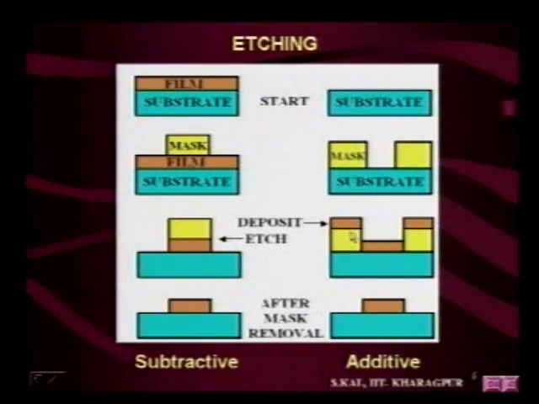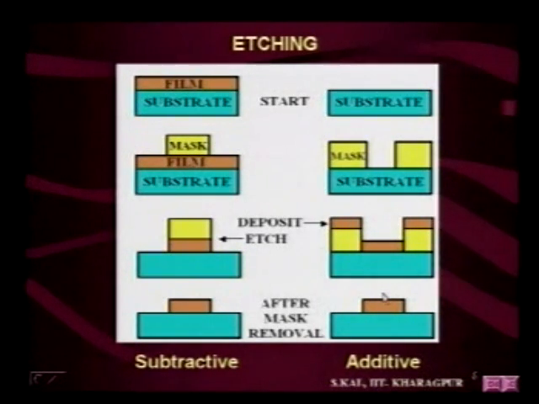The photoresist on these two sides is removed, so automatically the film which was on top of the resist also goes away. So what do we get ultimately? You get this pattern. At the end we find the same pattern, but the technique is different.